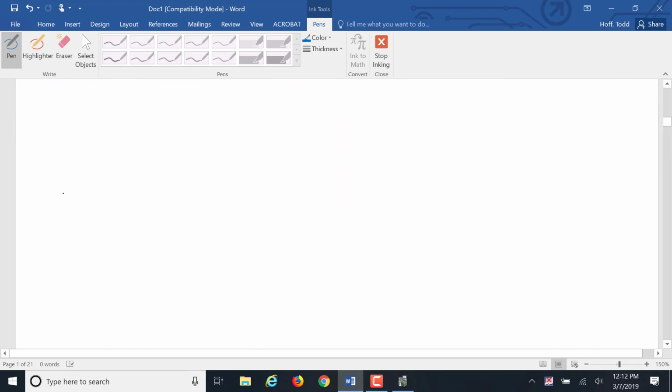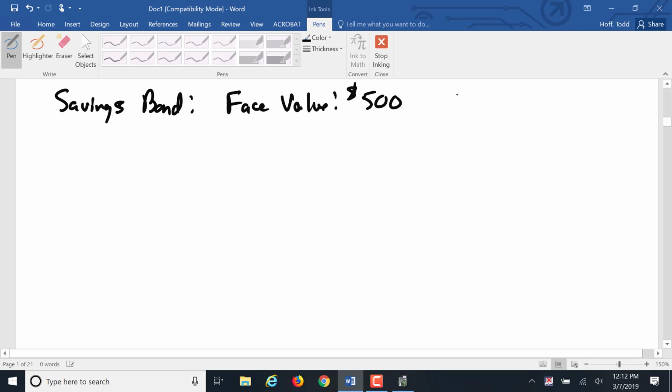Another example we did was a savings bond. And that savings bond had a face value of $500. And it had a stated rate of 4.9% for 6 months.